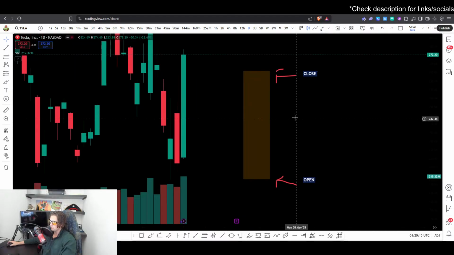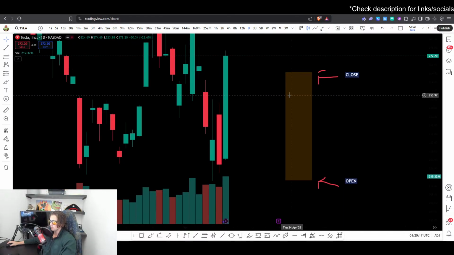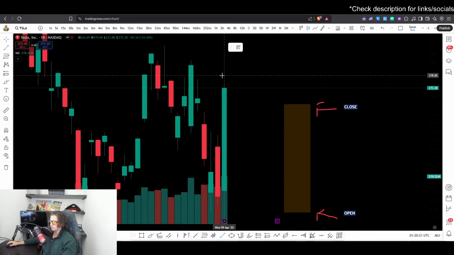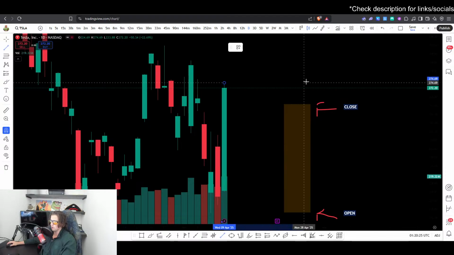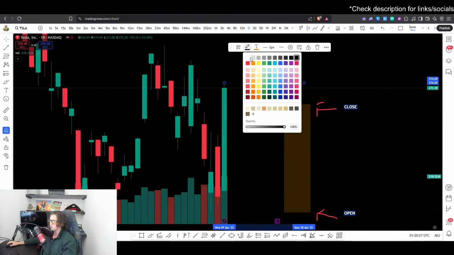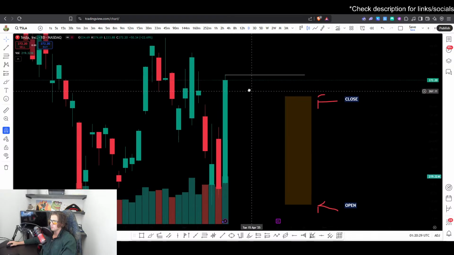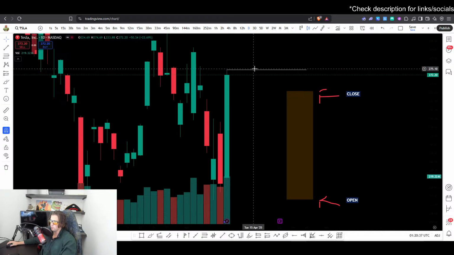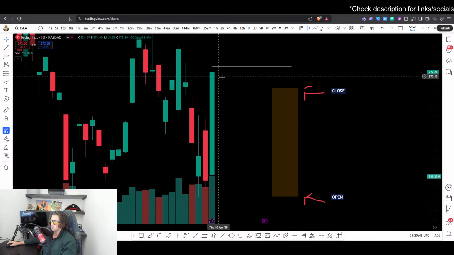Now, the top of this wick right here is where the high price is going to be. So you'll notice that when we were trading today, price came up to a high of 274.69, but that's not where it closed at.